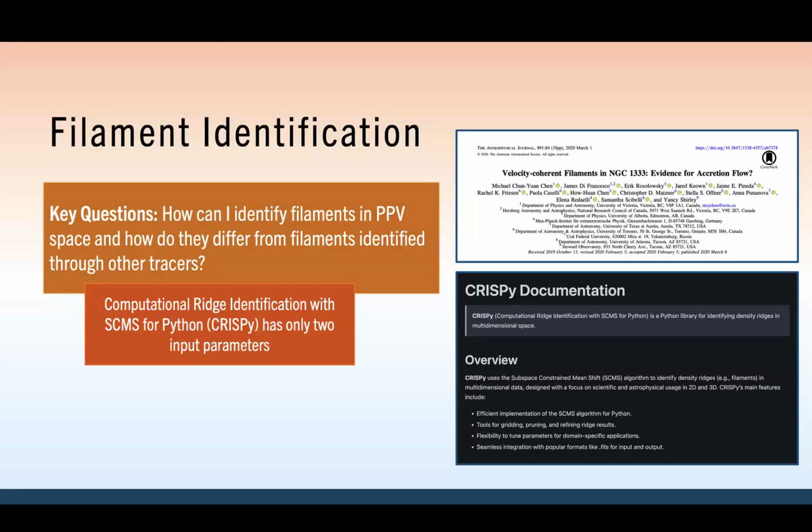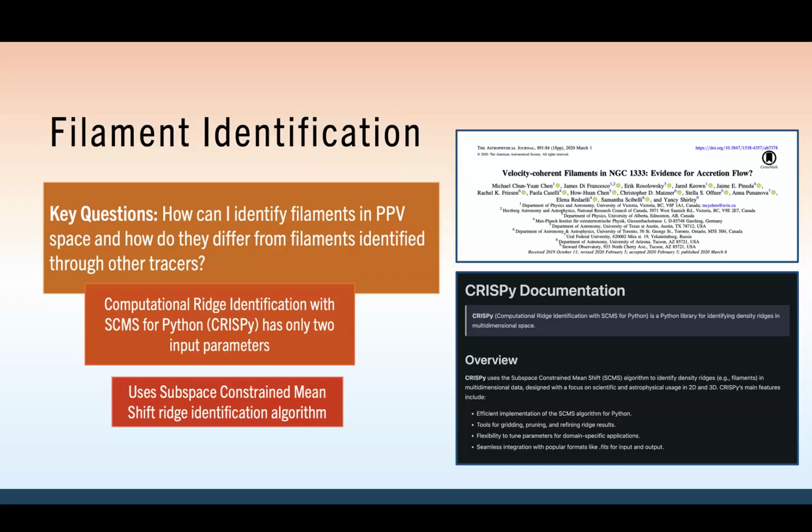And it stands for Computational Ridge Identification with SCMS for Python. And gotta love a nested acronym. SCMS stands for Subspace Constrained Mean Shift, which is just a ridge identification algorithm.